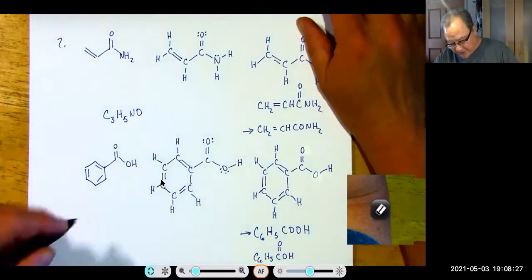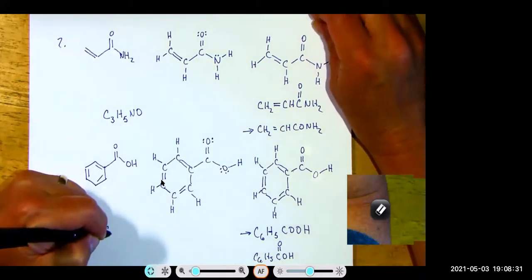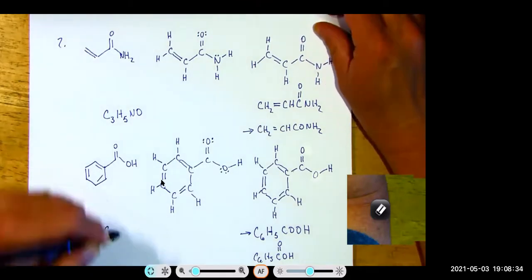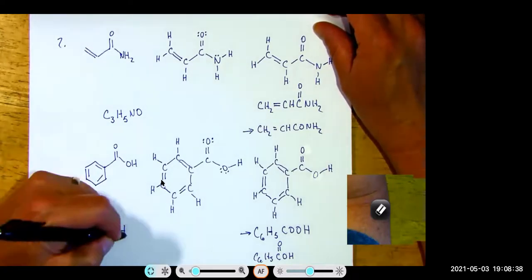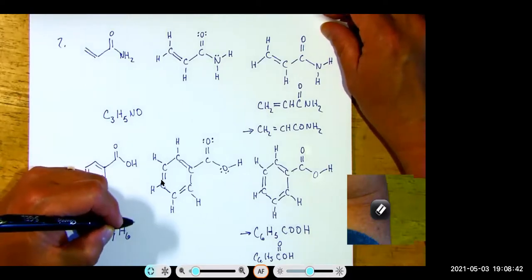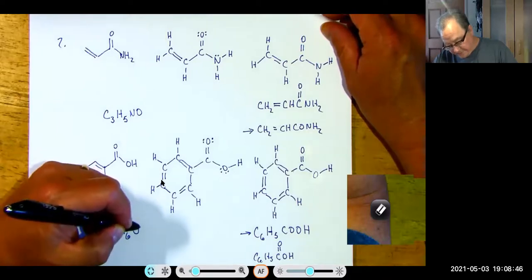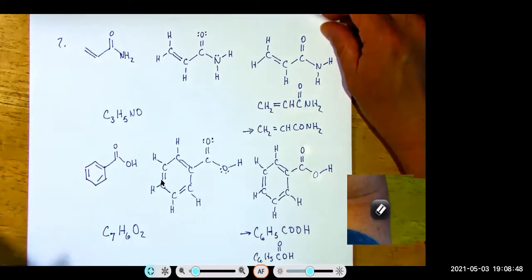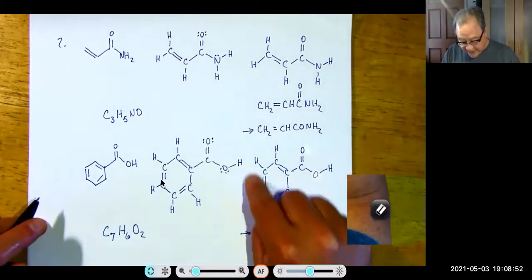Okay, what's the molecular formula? C what? C6, oh, C7. C7, H6, N. No, no. O. O2. We've already done all 1, 2, 3, 4, 5, 6 hydrogens.